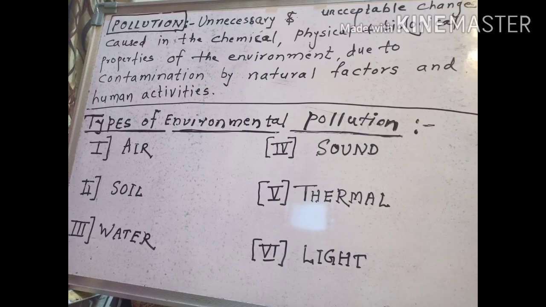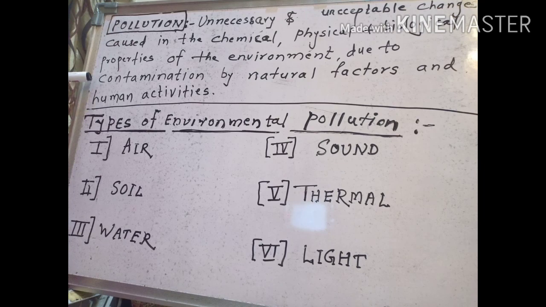So let's have a look at how we define pollution once again. Students, let's have a look at what is pollution. Unnecessary and unacceptable changes caused in the chemical, physical and biological properties of the environment due to contamination by natural factors and human activities is called pollution.